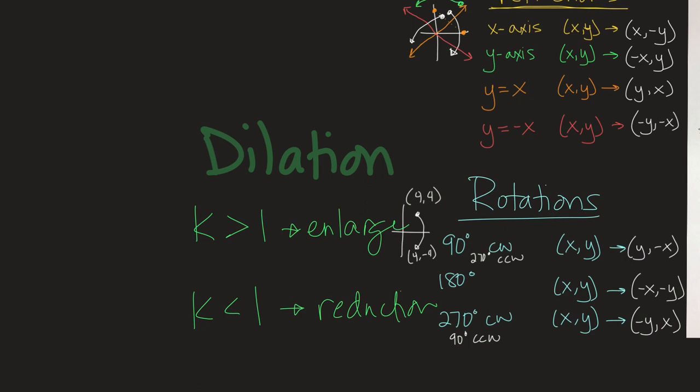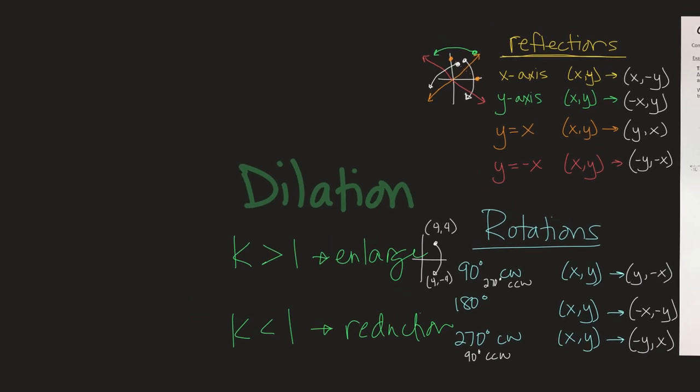How you do that is you multiply each of the points in your coordinate pair by that k value, your scale factor. As long as the dilation happens around the origin, these are the ways that we do it.